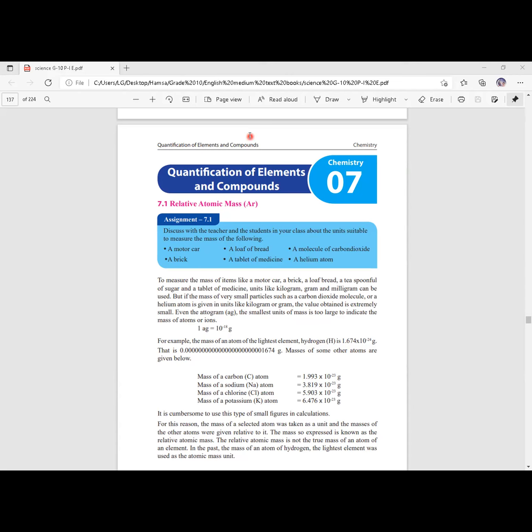What is the unit used to measure the mass of a motor car, children? Quick, don't waste time.